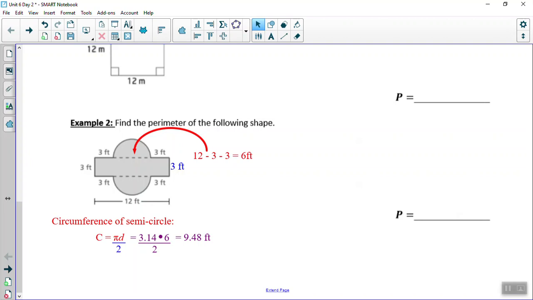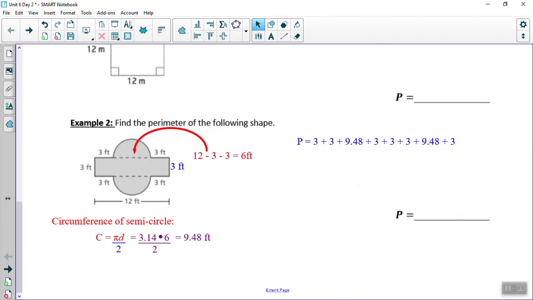Now we can add up all of our sides. I've got 3 plus 3 plus 3 plus 9.48 plus 3 plus 3 plus 3 plus 9.48. I can list them all out, or I can condense that down. How many 3's do I have? I have 1, 2, 3, 4, 5, 6.